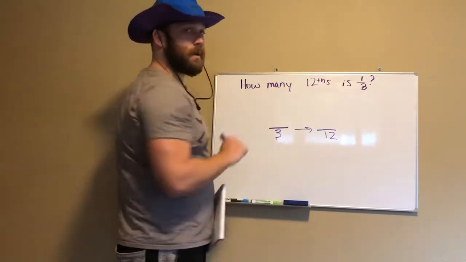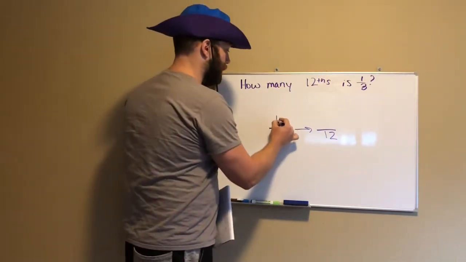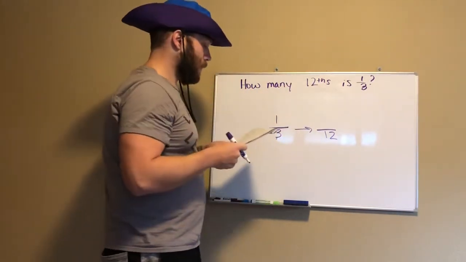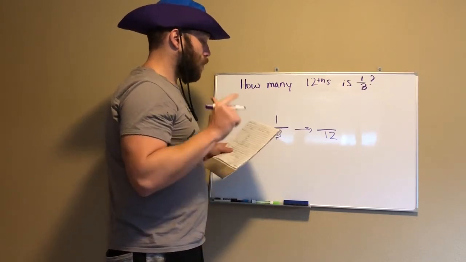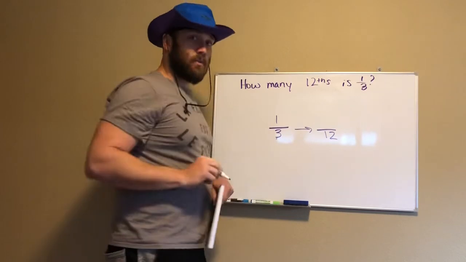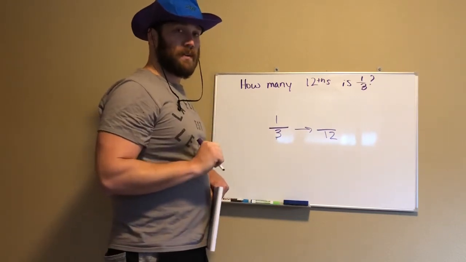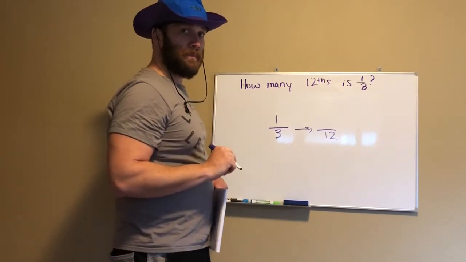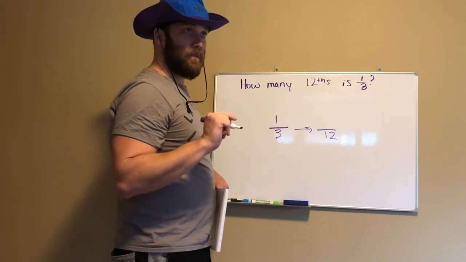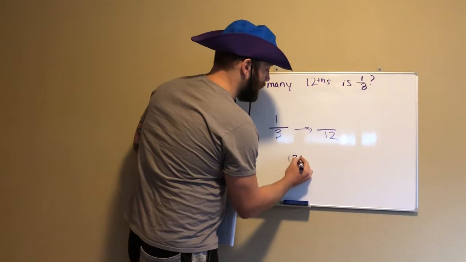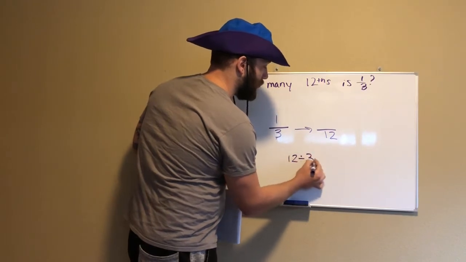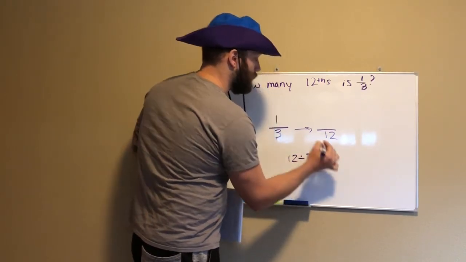Now, we already know we have 1/3. Just one. So, the way we set this up is we have to say, what is 12 divided by 3? What is 12 divided by 3? Ready? 4. So, we know 12 divided by 3 equals 4.